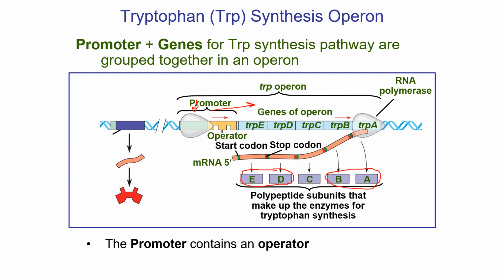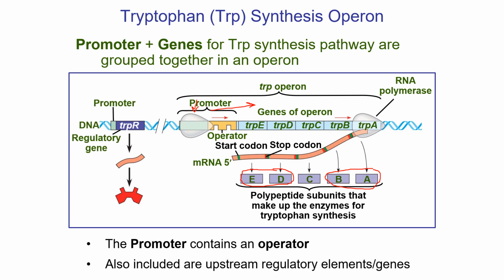But right next to that, we have something called the operator. So the promoter is made up of the binding site where the RNA polymerase is bound, and the operator that can bind to a regulatory protein. So let's take a look at what's over here now. So we've got a break in the gene here. Those 2 lines represent that these 2 things are not necessarily close to each other.